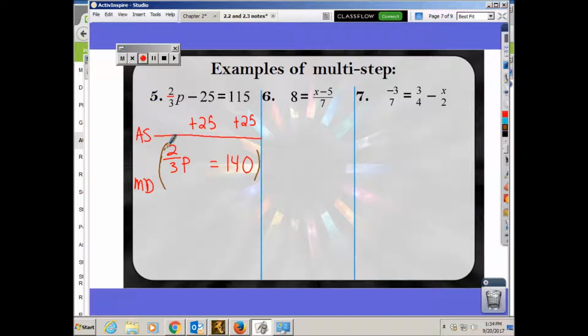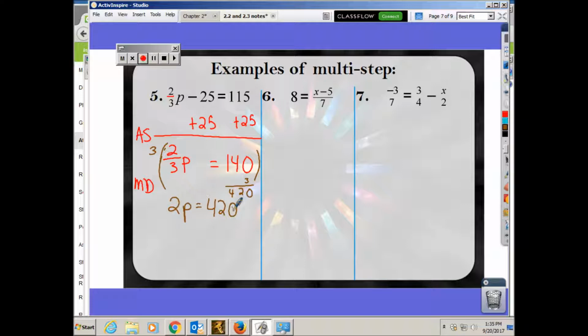The common denominator is 3, correct? So 3 times 2 is 6 divided by 3, 2. And what is 3 times 140? Well, if I'm not sure, I can always multiply. It's 420.